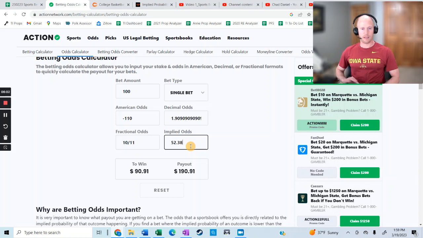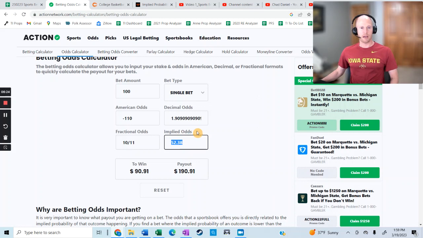It takes out the VIG or the juice, right? So if the casino were not making any money, they're paying out as though each team should win 52% of the time. But of course, each team can only win 50% of the time, or a total of 100%, even if one side wins more or less.